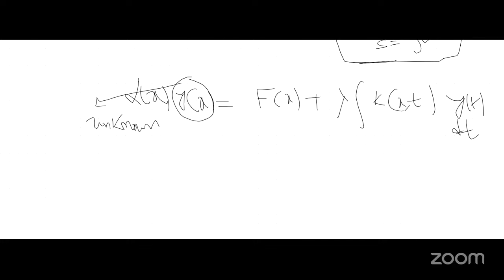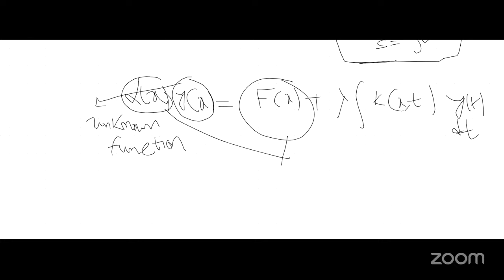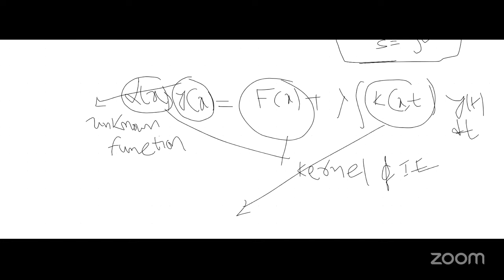Here f of x and alpha of x are known, and k of x comma t is the kernel of the integral equation, also a known function.